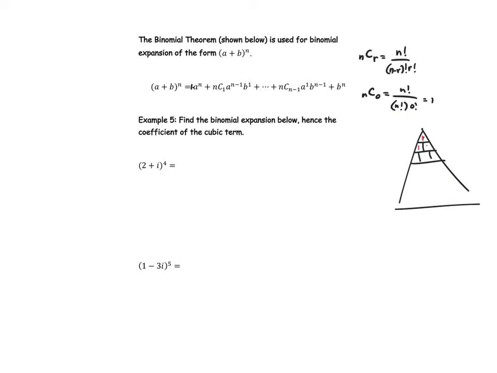So I'll explain here in a second. You've probably seen this before, but might not have remembered it. Okay, so this is useful in probability, it's useful in binomial expansion, and the numbers continue to go in this way, in the same pattern.